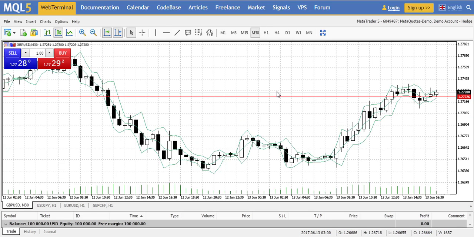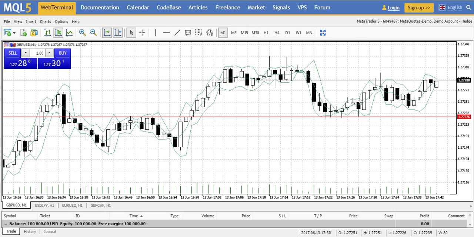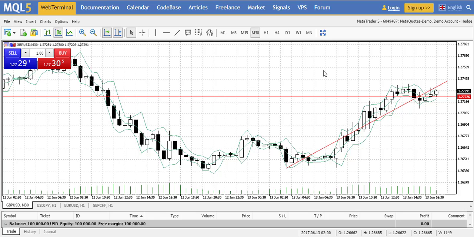Even though I'm using the indicator, I still think we should also use some graphic tools. If I understand correctly, it's going to rise a little bit closer, and then we'll start falling down because this line created a channel.